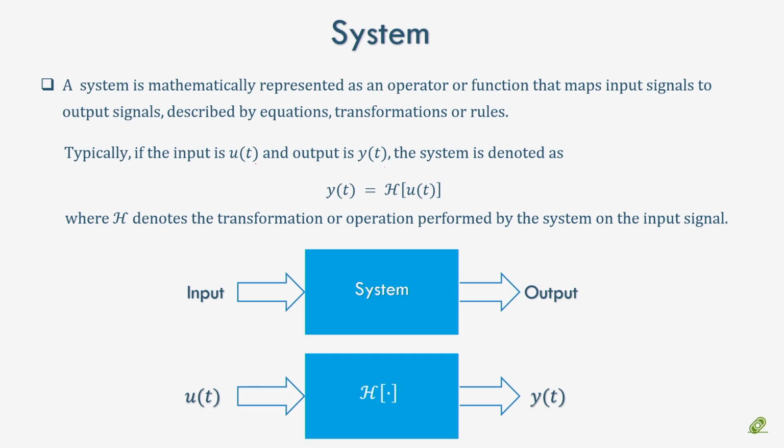A simple example of a system can be an integrator. What is this system? It takes u(t) as input and gives out y(t), and y(t) is nothing but the integration of u(t), say from 0 to t. So this is an integrator system.